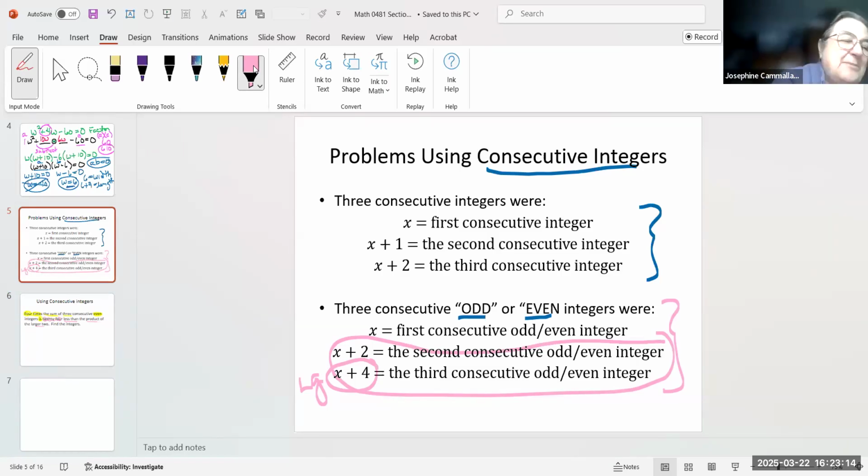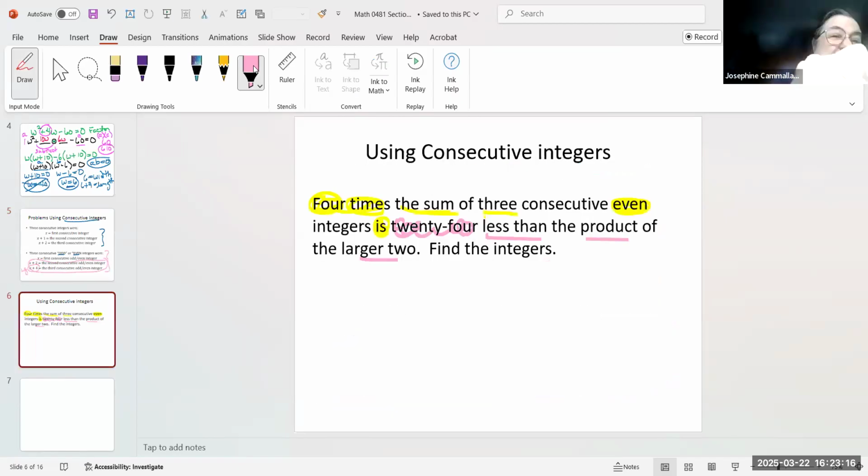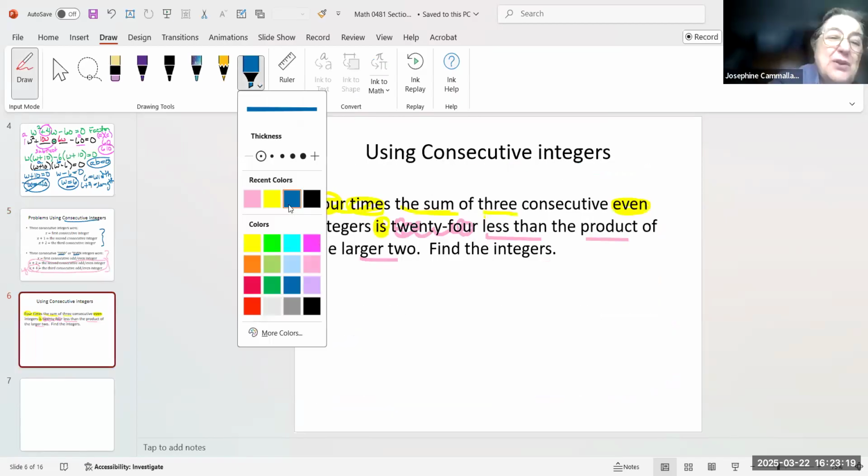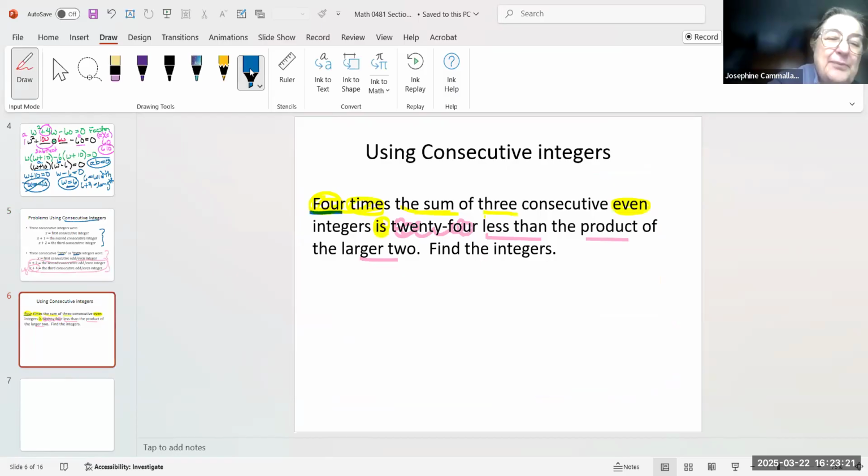Okay. Now, with that said, here we go. 4. Now, times is going to indicate, because see that little word the? That means I have a parentheses. 4 times the sum. Sum is x plus 2 plus x plus 4.